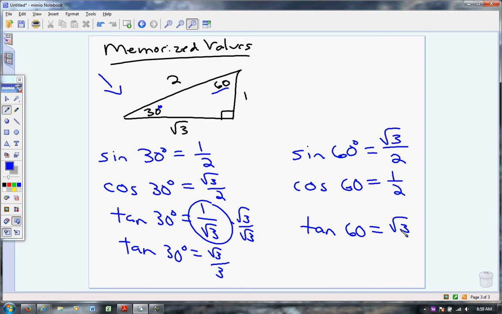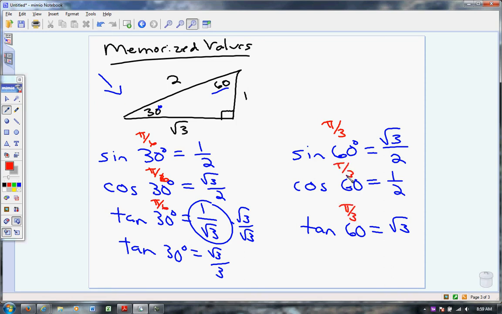Now, what I'd like for you to do now is go back and add above each one of these what we use for radians. 30 degrees we call pi sixth, and 60 degrees we call pi thirds. Same thing for all of these. This would be the same thing as pi sixth, pi sixth. These over here are pi thirds.